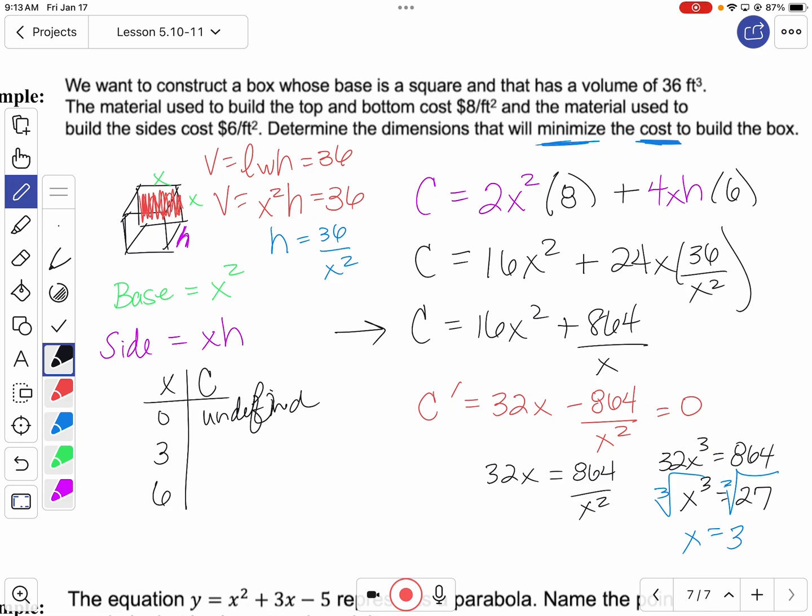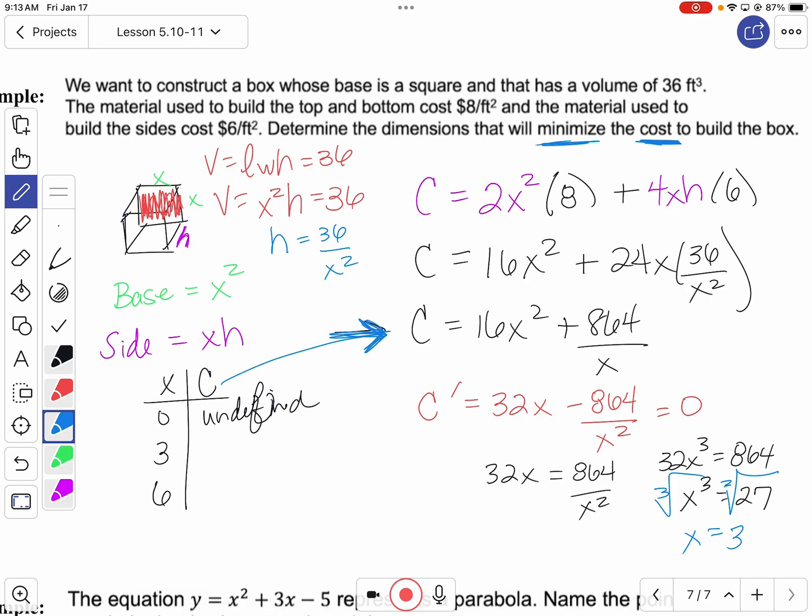Now, let's plug into our cost function and figure out our values. Let's plug in 3. So I have 16 times 3 squared plus 864 divided by 3. You can use your calculator for that. I would not do that in my head. Always plug into your cost function. If you use a sign chart, you plug it into the derivative.